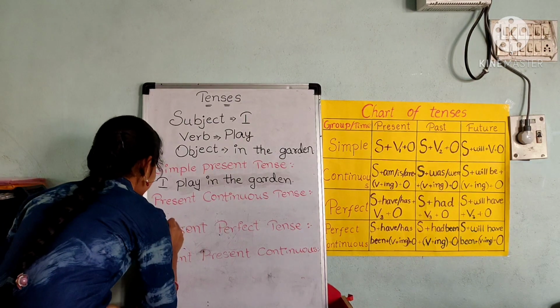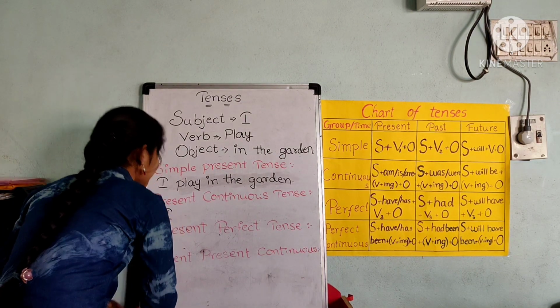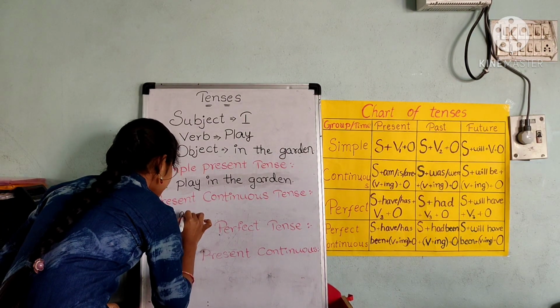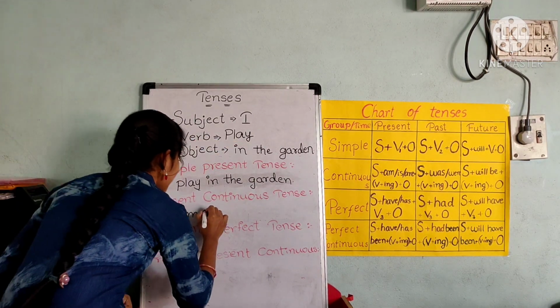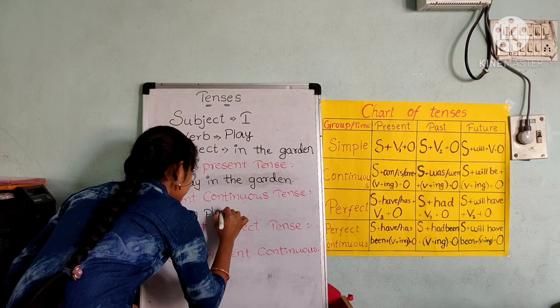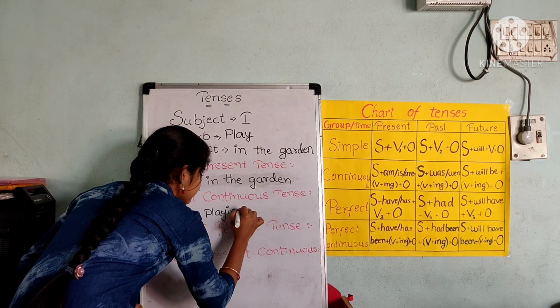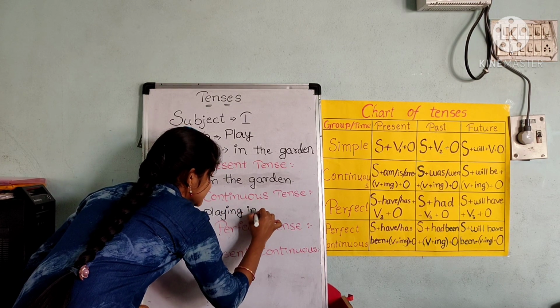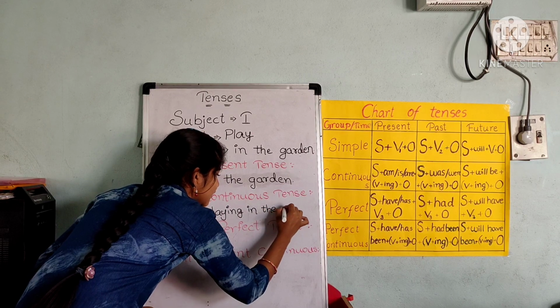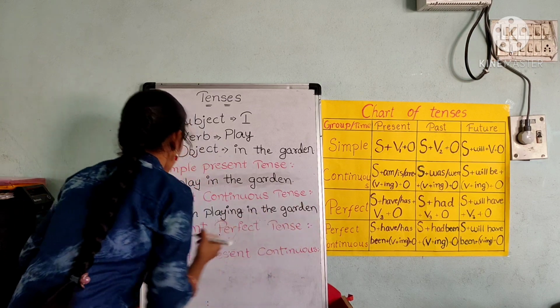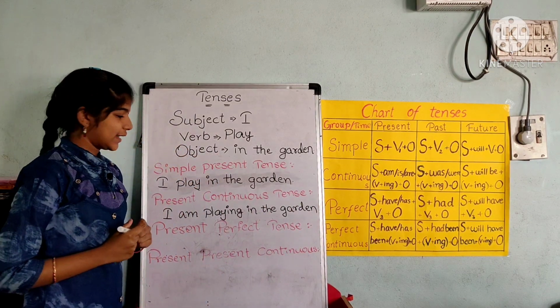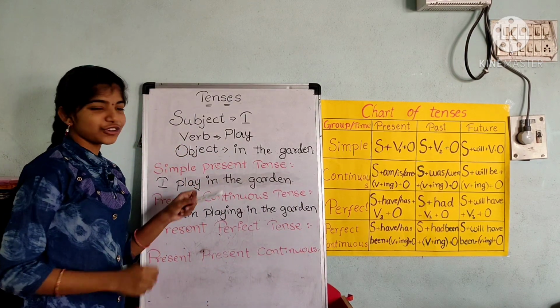Let's make the sentence. Subject is I and we should use am here, and verb plus ing form is playing. Object is in the garden. I am playing in the garden is an example for present continuous tense.